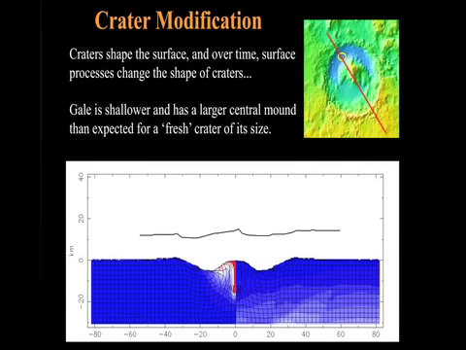So here I'm comparing the computer simulation that I showed you of this large crater and the topographic profile that I showed you from Gale Crater. You can see that Gale Crater is a little bit shallower than we'd expect for a fresh, unaltered crater of this size. The central peak is also higher, and slightly broader as well.